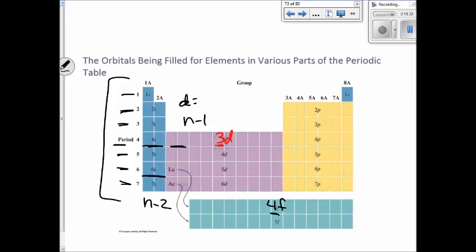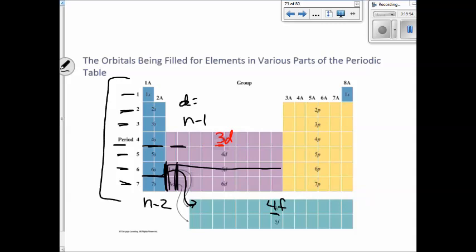So you would fill 6s first, then you go to the 4f, 14, then you come up here and do 5d. Remember the periodic table's long though, right? Because we have our insert right there. So we would technically put those 2 rows in that section and it would be super wide, right? So you would fill 6s first, then 4f, then 5d, then to 6p.